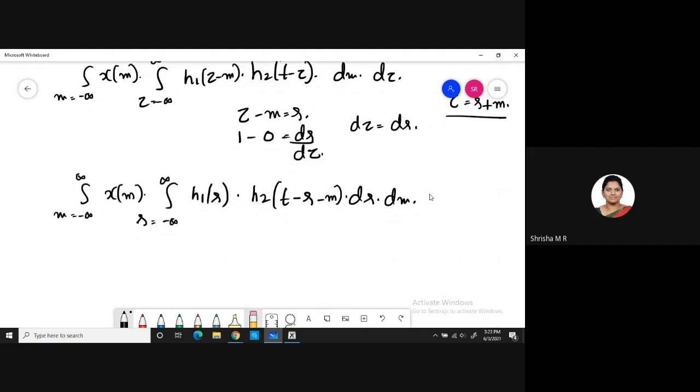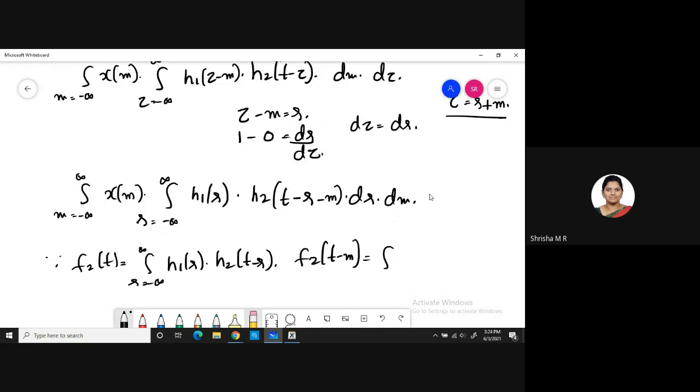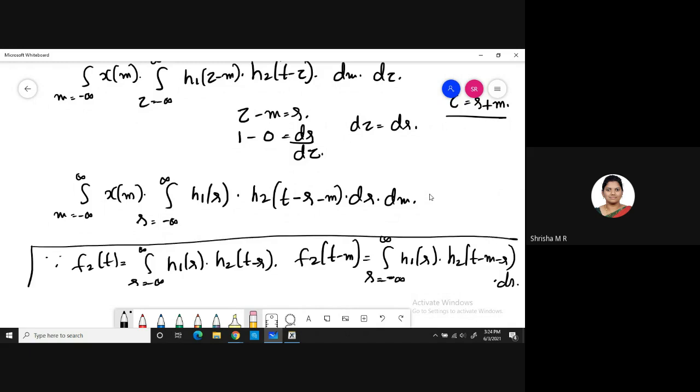Is it clear? So we have seen what f2 of t is, right? f2 of t was integral r is equal to minus infinity to infinity h1 of r into h2 of t minus r dr. So if we want to write f2 of t minus m, what will it be? Integral r is equal to minus infinity to infinity h1 of r into h2 of t minus m minus r into dr. Yes or no? Using this, we can equate.